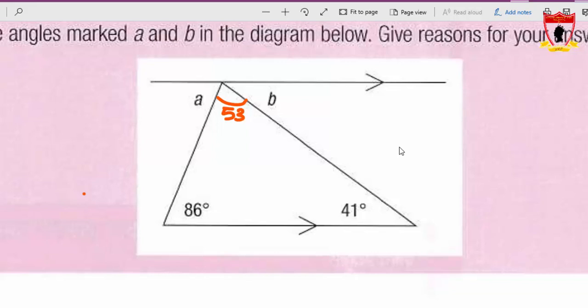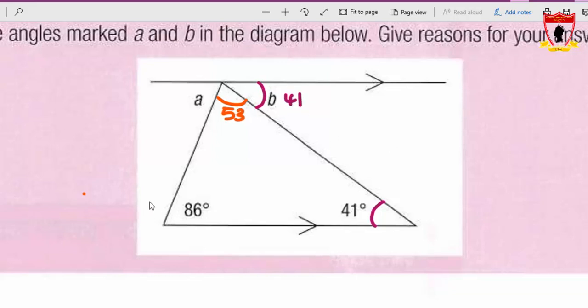Then how can we find A and B? Since this line is parallel to this one, this angle 41 is on the same transversal with the B, not A. So this angle here is 41 degrees.